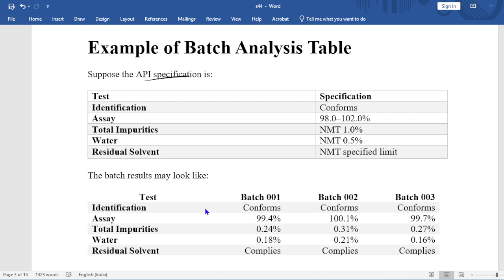And here are the actual batch results. They have given the assay range, which for batch 1 is 99.4, then 100 and 99.7 for subsequent batches. Likewise, we have to provide the batch analysis data.